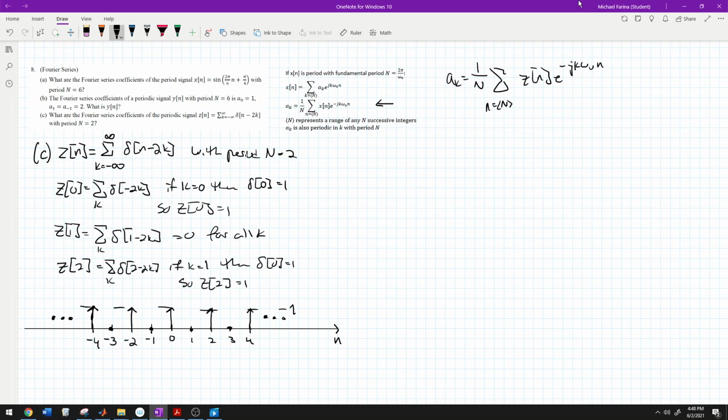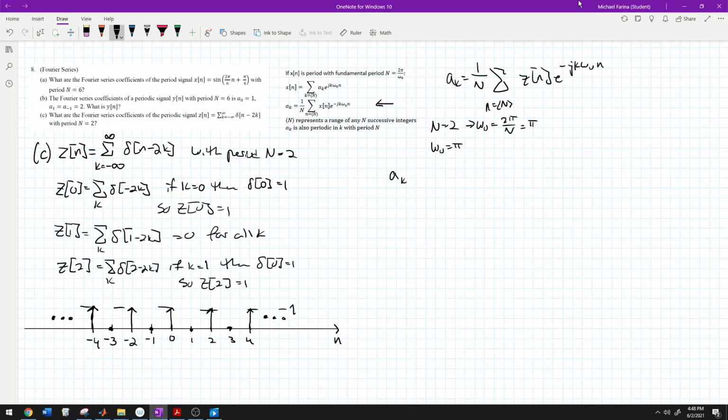Well, N is equal to 2, so we can go from 0 to 1. N is equal to 2. That means that omega naught is equal to 2 pi over N, which is going to be equal to pi. So we get omega naught is equal to pi. And then we just plug and play.